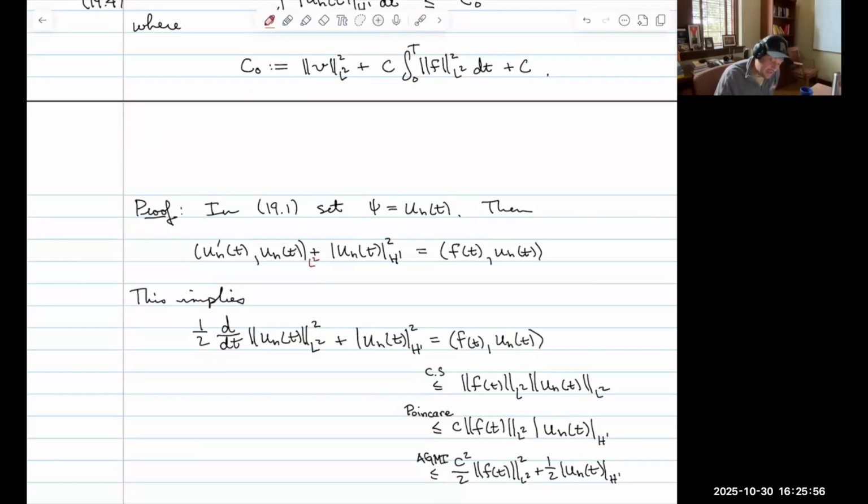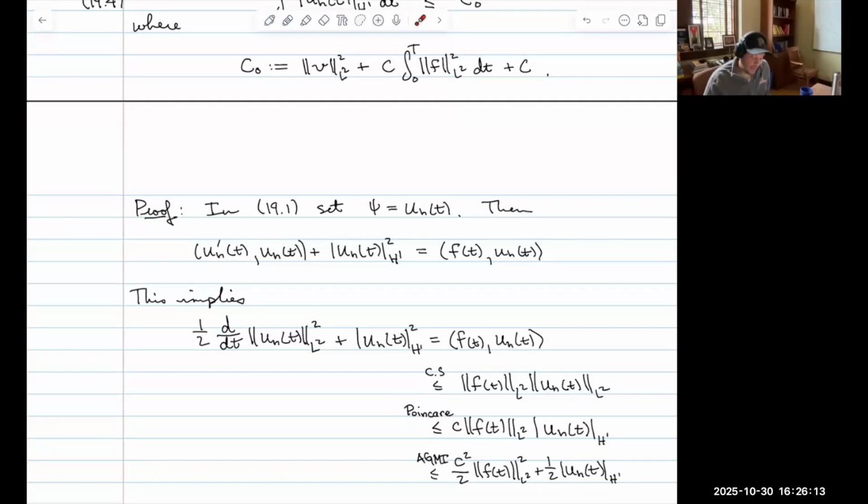If you don't see anything on these bilinear forms, then you can always just assume that it's the L2 bilinear form, or the L2 inner product. This is just an integral, and so I have a derivative with respect to time inside the integral.